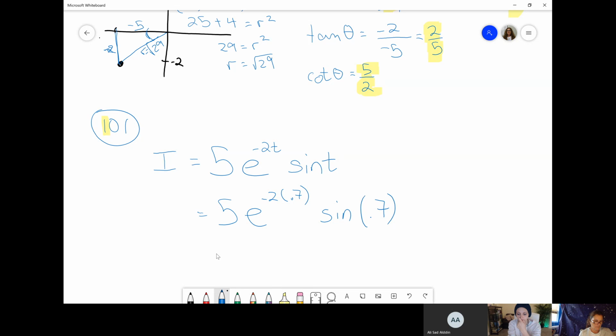Okay, sine 0.7 times, I think I forgot a 5. Second e to the negative 2 times 0.7 times 5. Here you go. Okay, you have to enter it in the calculator.